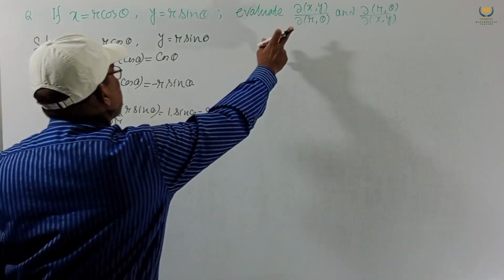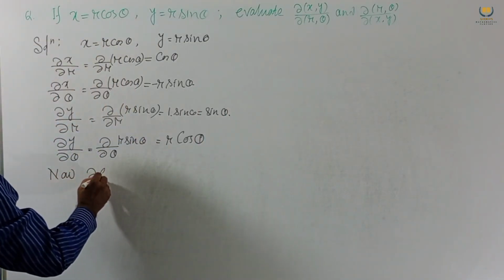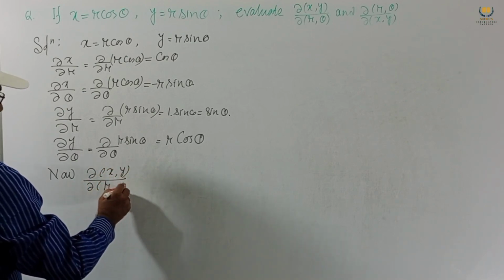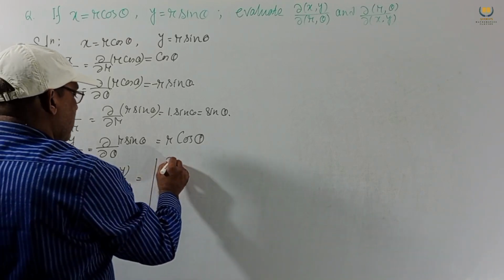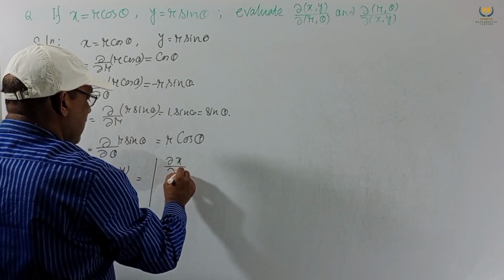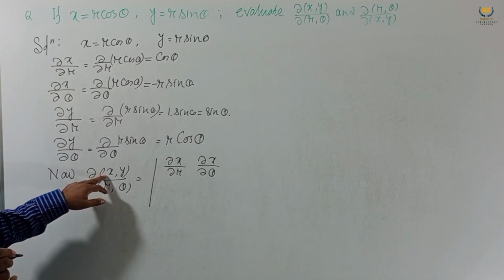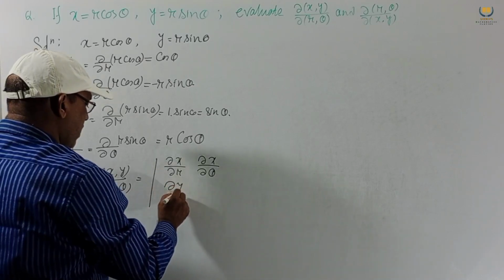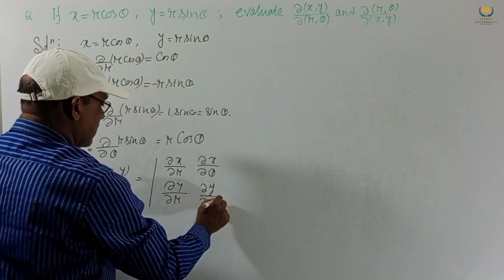Now we have to find this one. Del(x,y) by del(r,theta) can be written, by the definition of Jacobian, as: x in the first position, so we write del x del r, del x del theta, and del y del r, del y del theta.